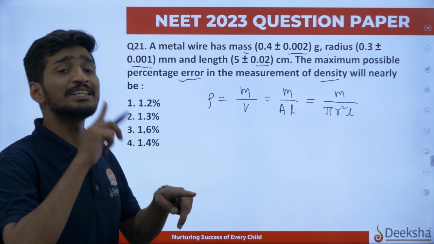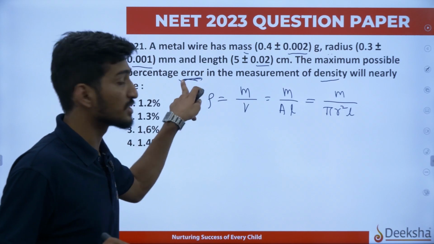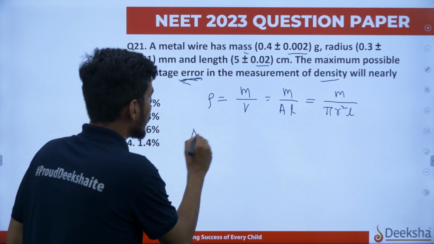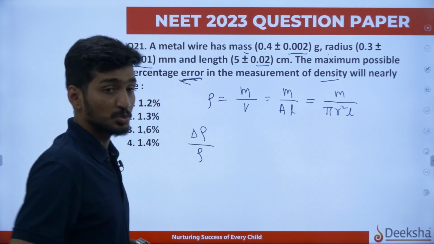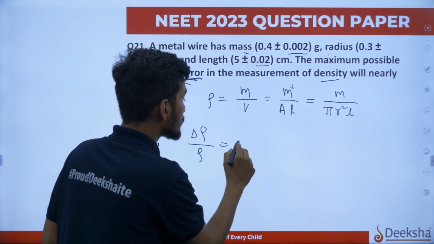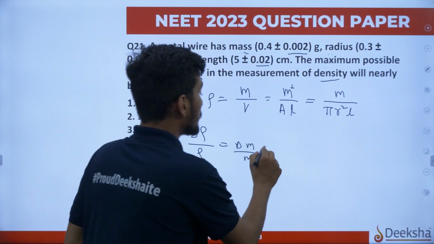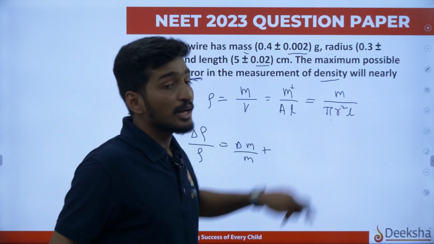Now if I talk about the error analysis of this, delta rho by rho should be equal to, measure the powers. What is the power of m? Power of m is 1. So delta m by m should be the error contributed by mass's error, plus what is the power of r? R's power is 2.